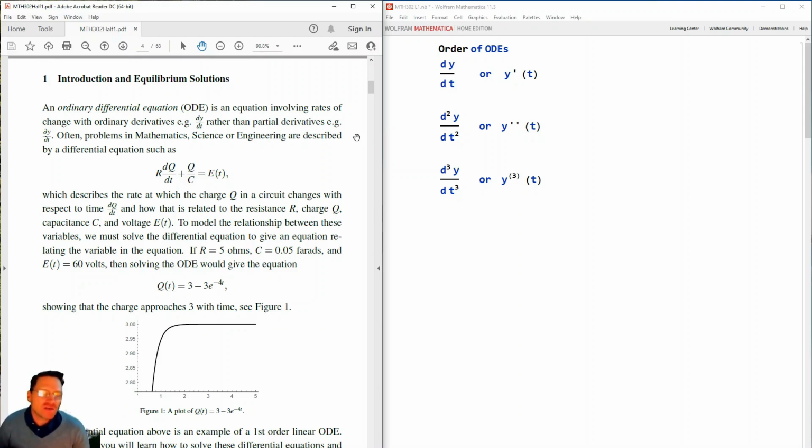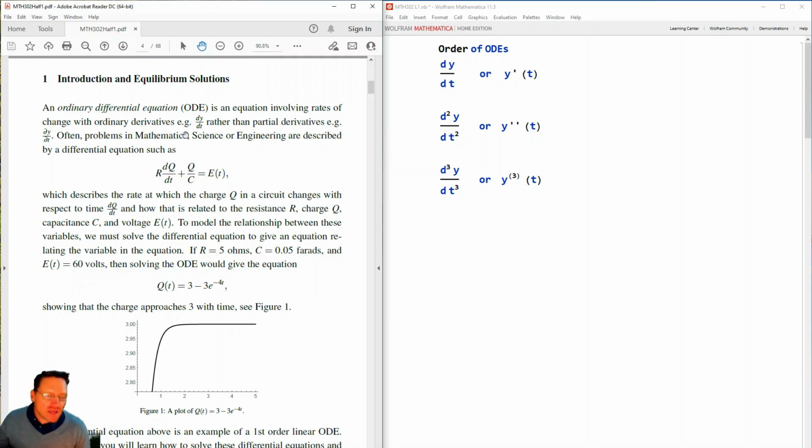What we have is a relationship between the rate at which the charge changes with respect to time and other constants in that circuit, for example resistance, capacitance, and the voltage supplied by the battery.